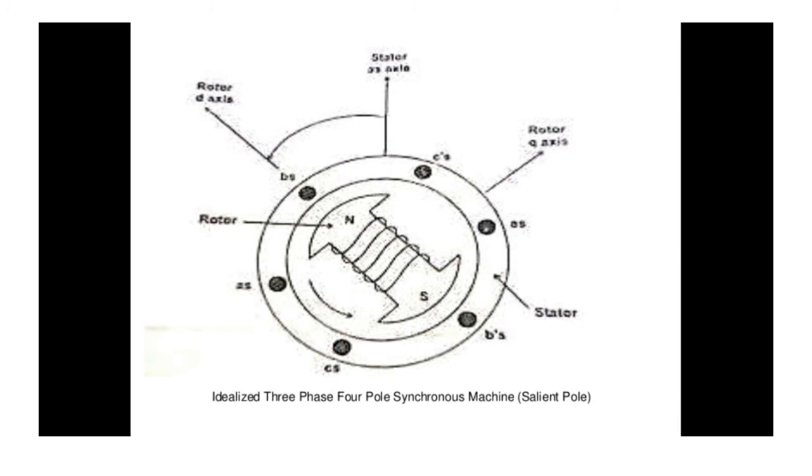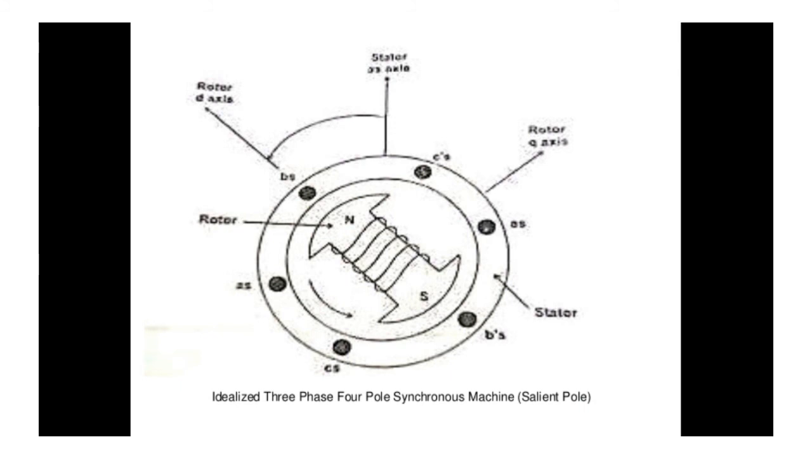These facts form the basis of the two reaction theory proposed by Blondel, according to which armature current IA can be resolved into two components: the direct axis current ID, perpendicular to E0, and the quadrature axis current IQ, along with E0.